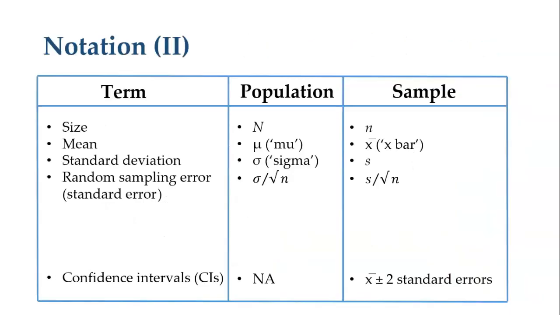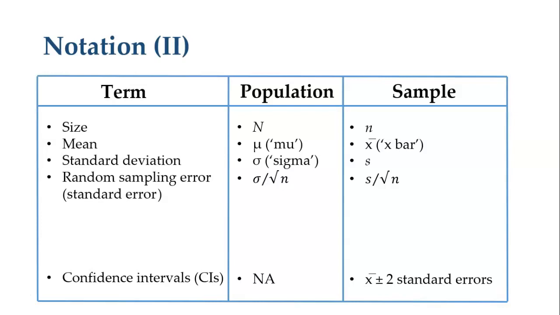So we have new elements for our notation. We have another term that is this random sampling error. Now we know that the random sampling error is a factor of the standard deviation in the population parameter divided by the square root of the sample size, right?